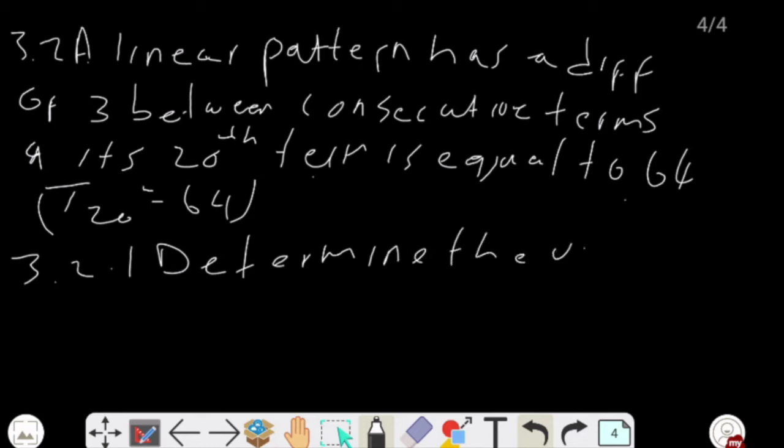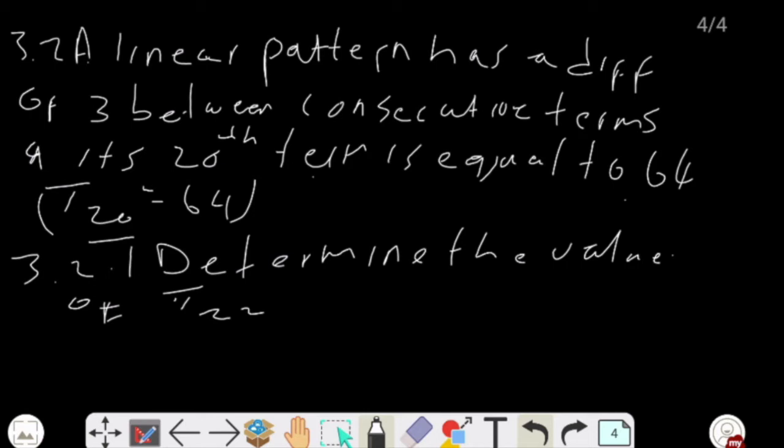T22, meaning you will start counting from T20 and then try to get T21 and T22.